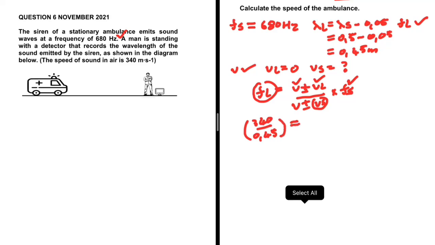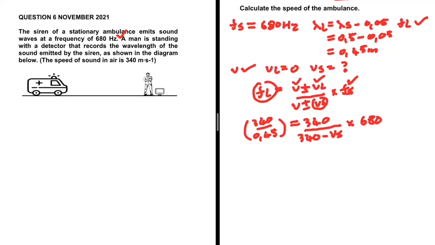This is equal to the speed of sound in air, not the velocity. We talk about speed in the Doppler effect. So 340, the listener is stationary, so plus or minus 0 is not going to change anything, divided by 340. The ambulance is moving towards the man, so we should have minus Vs. If it was moving away, we would have plus Vs, multiplied by the frequency that is emitted. This is 680 Hz.